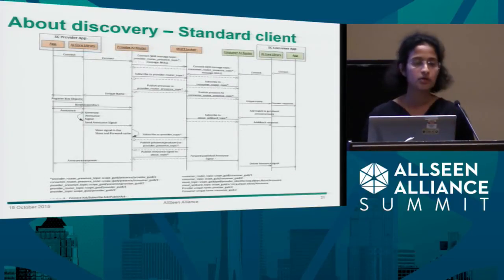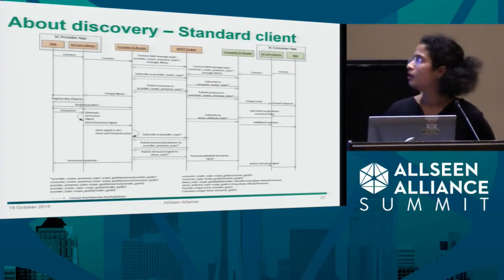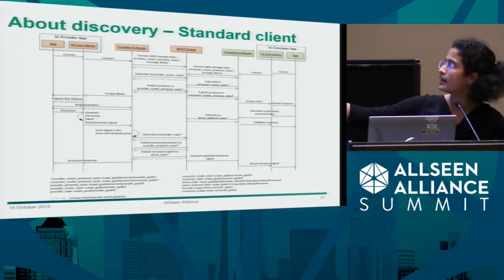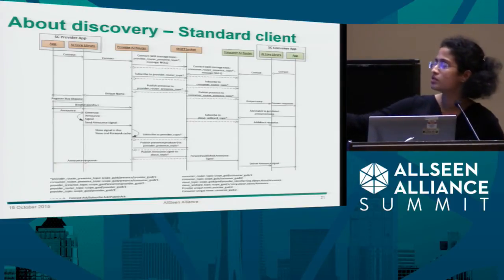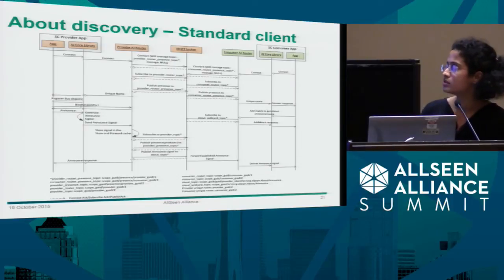So about-based discovery for standard client applications is very similar. One key difference is that at the time of connect, this is all related to the router, whereas previously it was related to the application. So the last will is for the router, and the subscription is also for the router. Other than that, this is quite similar.